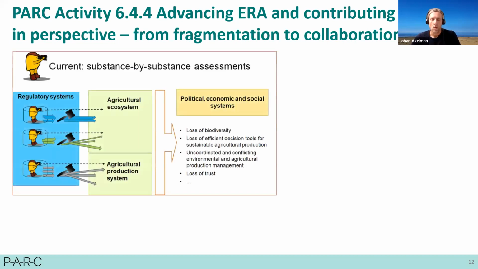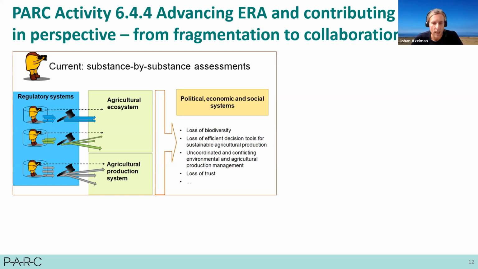So what we see, and has as a starting point in our work in 644, is that we have regulatory systems where we do a lot of assessments in parallel and a little bit disconnected. Here we have different assessors, the little men to the left.